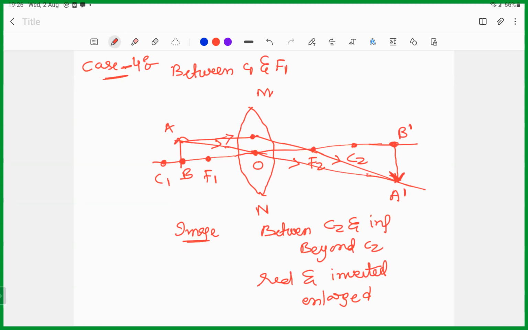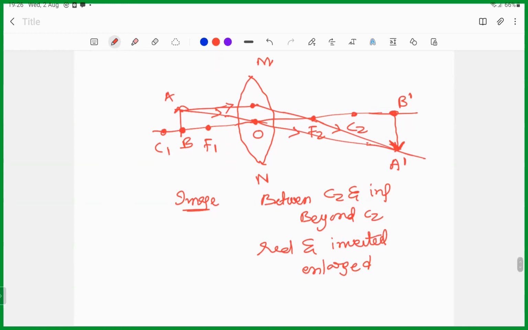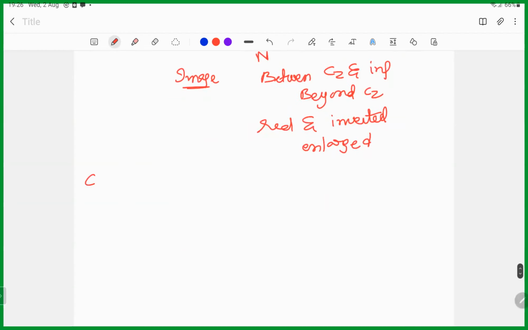What is case 5? If the object is at F1, this will be dual to case 1, right? Dual to case 1.